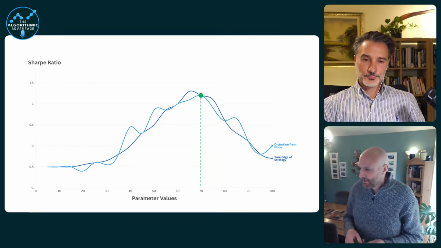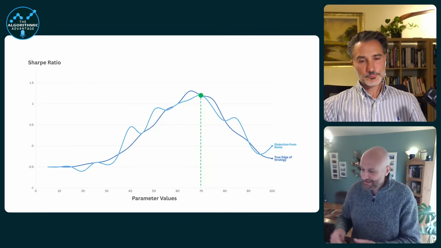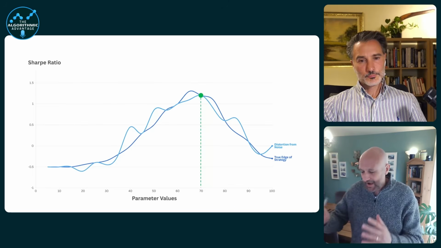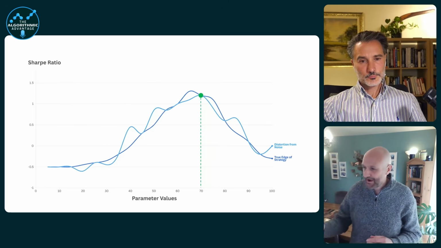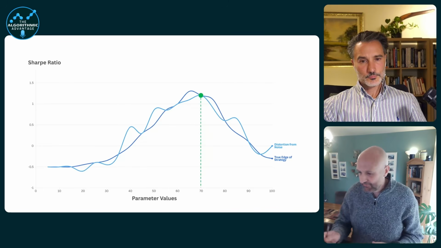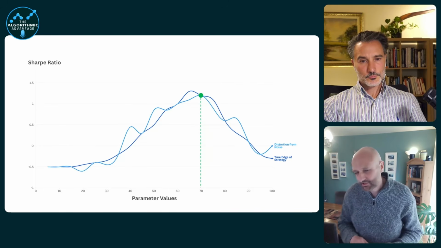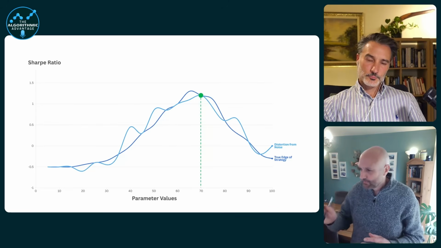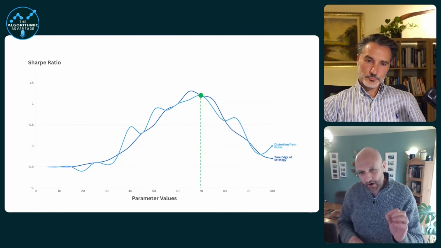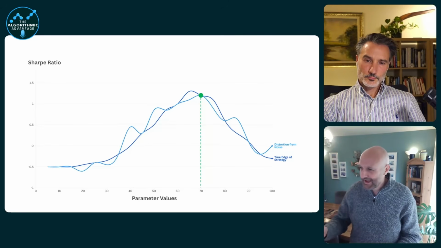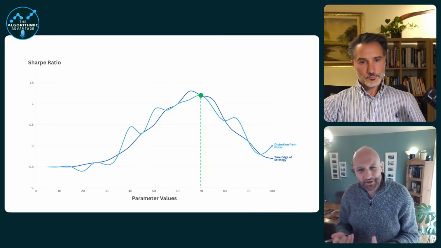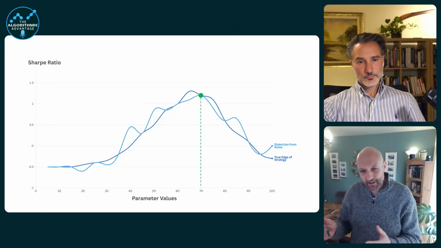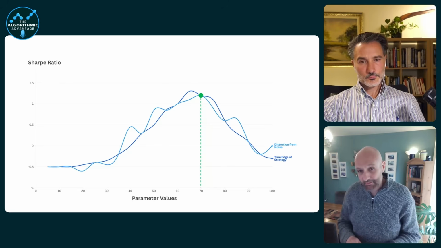In this example, I've represented what that might look like. Now, instead of choosing that value of 50 that we were before, that didn't perform so well, we're much closer to the optimal of 65. And we're now choosing this value of 70 because that's the most robust value, if you like, from the chart we now have.